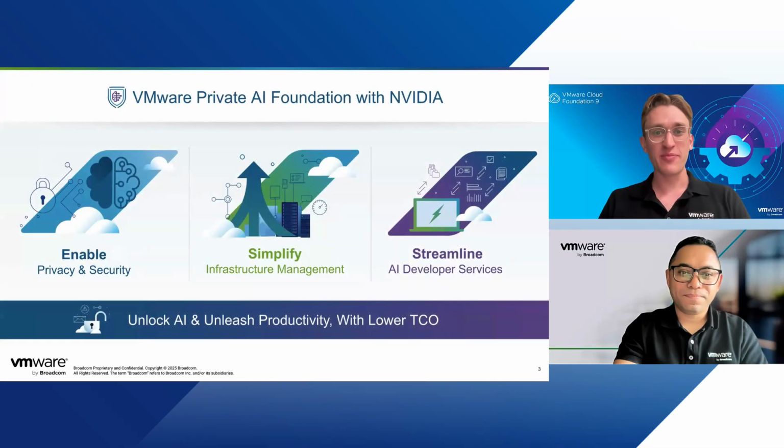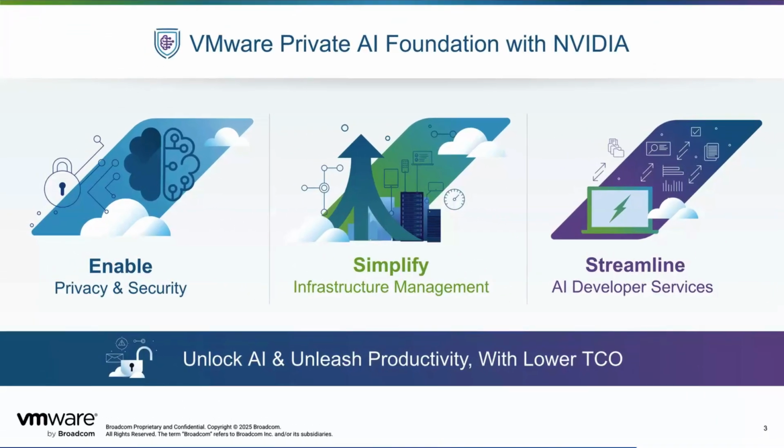So today we're talking about Private AI Foundation with NVIDIA. And there are 3 really key things that this offering does for your business. The first is a real focus on privacy and security. Being on-prem and having a lot of customers thinking about how to secure their AI environment, both operationally and from a data security perspective, that's a really key focus of what this platform can do.